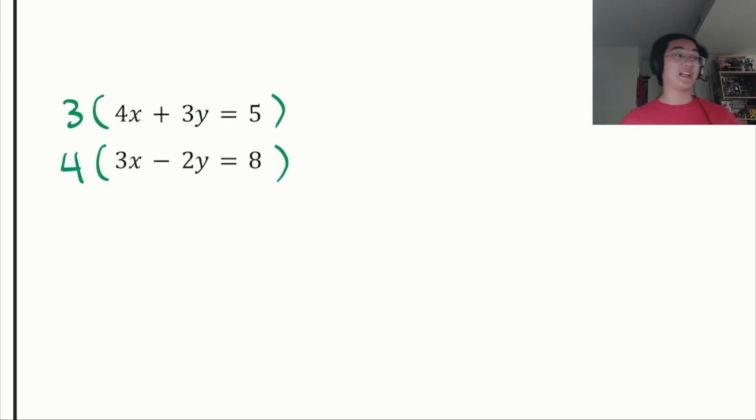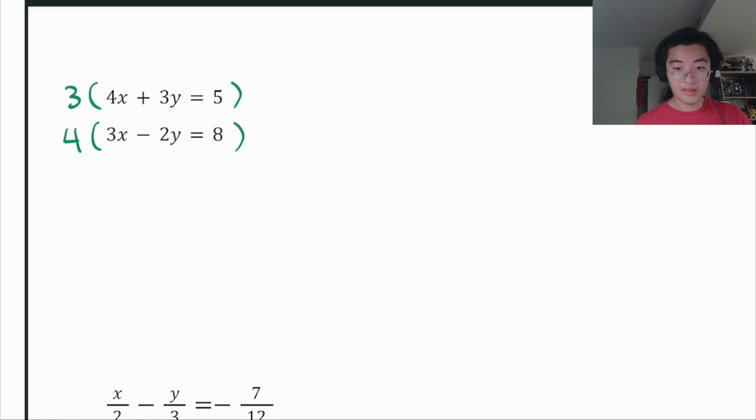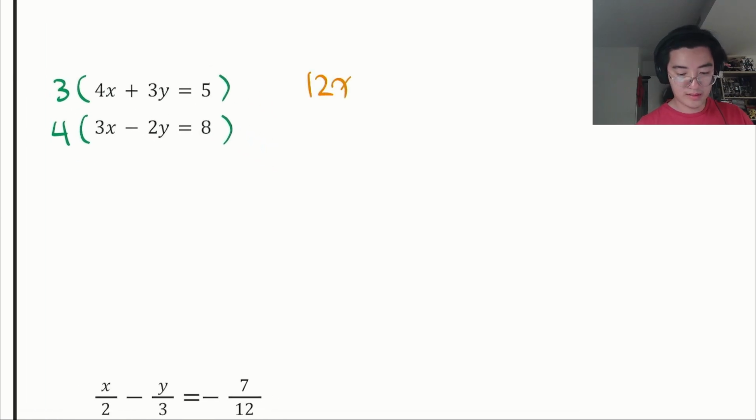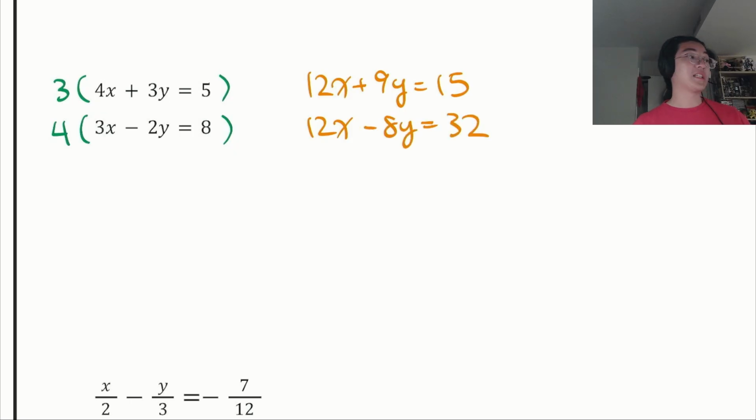This is just like adding fractions. Because if we multiply the top by 3, and remember, everything needs to be multiplied by 3. Multiply the bottom by 2. Right here, notice how now we can cancel out the x.